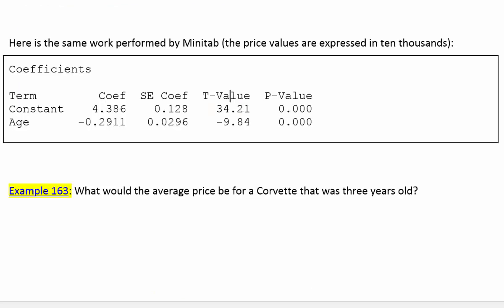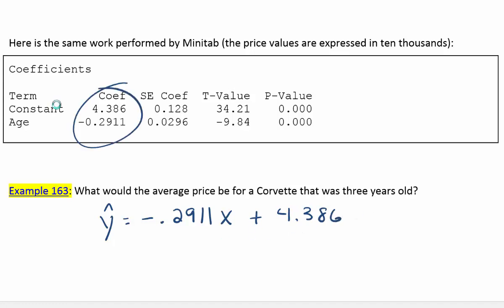In example 163, they're asking what the average price would be for a Corvette that was 3 years old. Well, since we have our model, y hat is equal to negative 0.2911 times x plus the y-intercept of 4.386. Remember, we're getting these from the coefficient column.